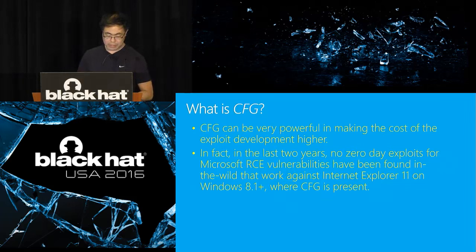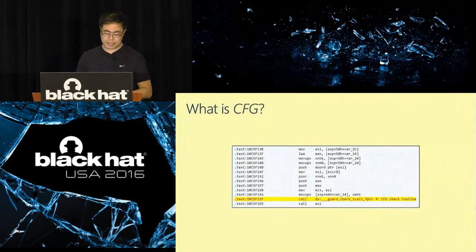So if you define it in a more formal way, CFG can be very powerful in making the cost of exploit development much higher. The technique here looks very simple.